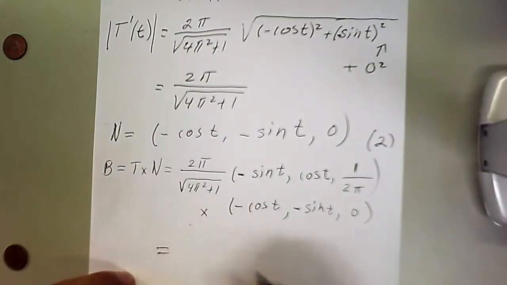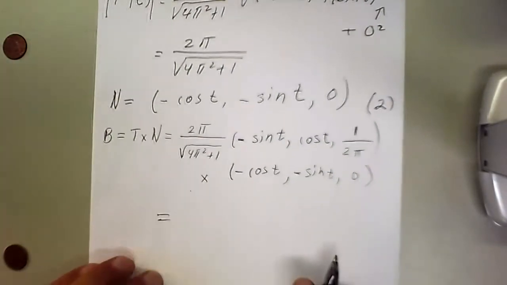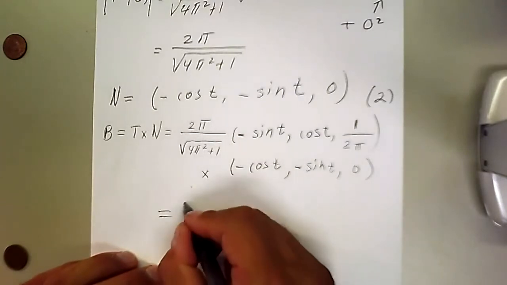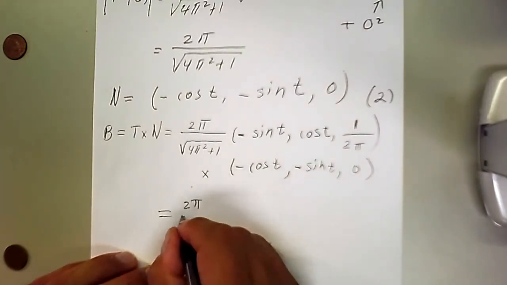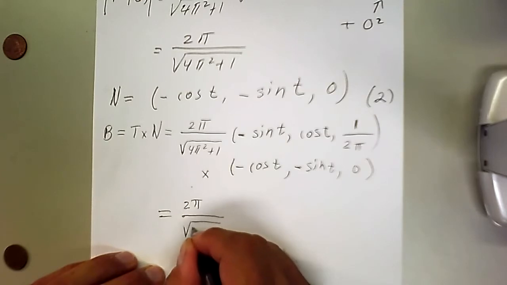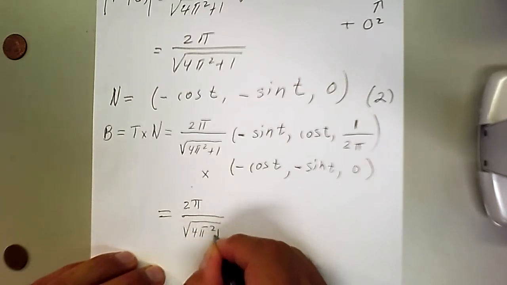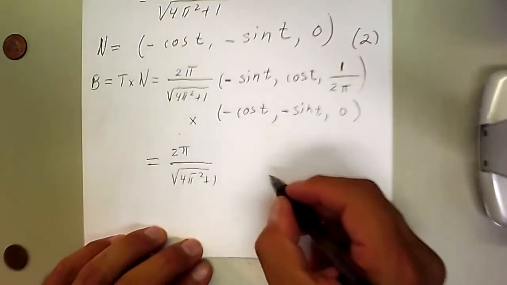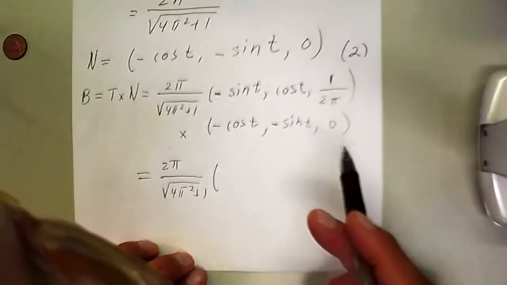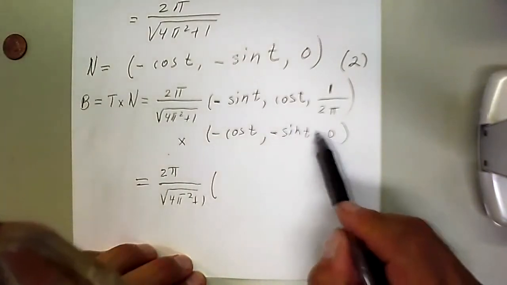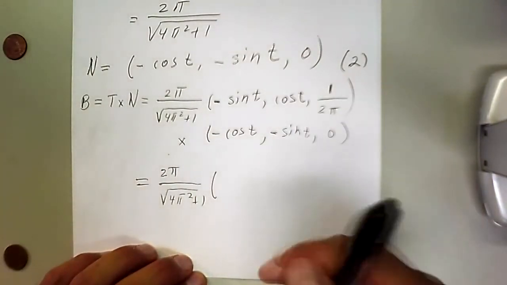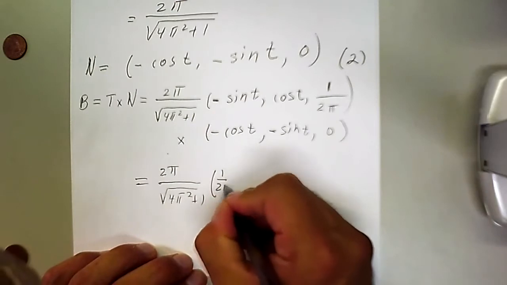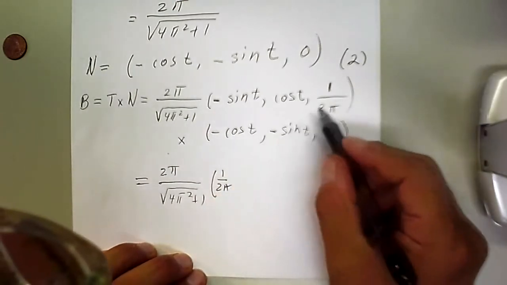So I'm going to proceed with that cross product. A scalar factors out of the cross product, so we can just put it down here. I'm going to use a different pen because I think this pen is not as clear. And then we're going to do the cross product. So we're going to have 0 plus 1 over 2 pi sine of t.